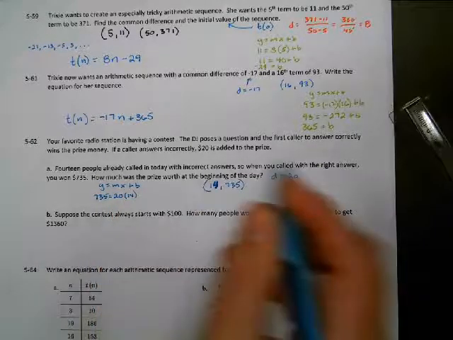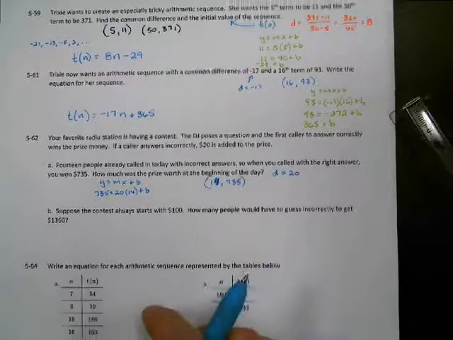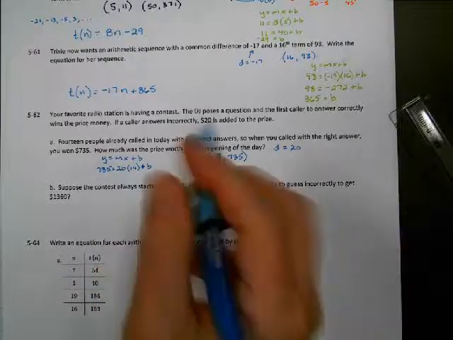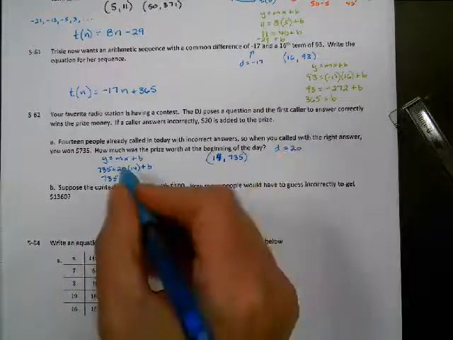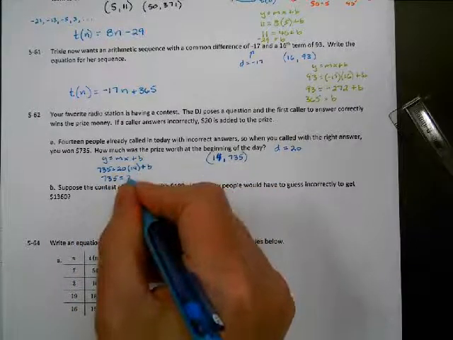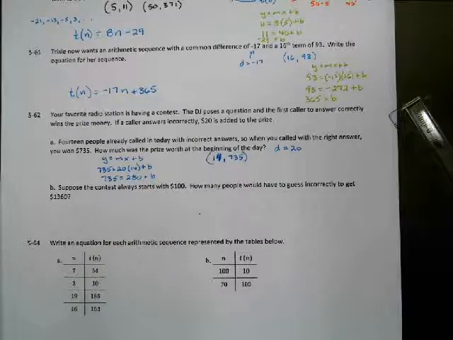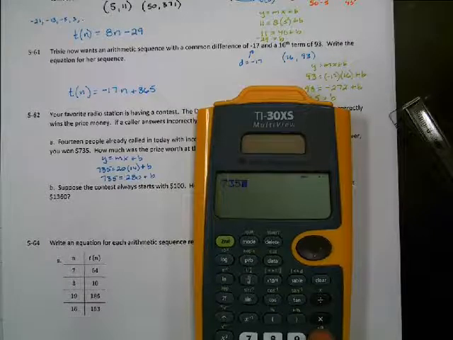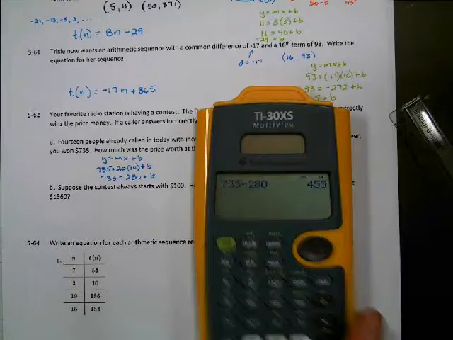So on this one, I'd do 20 times 14, which would be 280. And then we'd take out our calculator and do 735 minus 280. Comes out to $455. So there's T of 0.